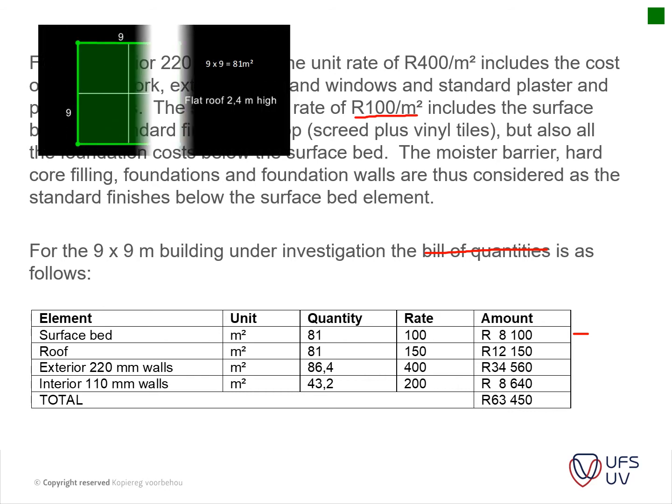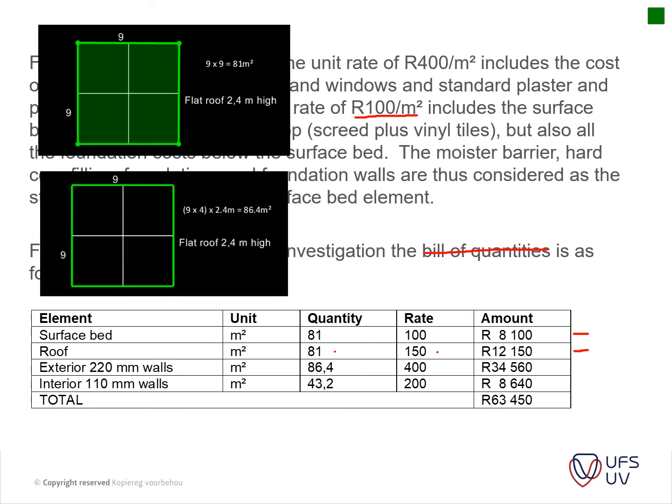Then we move to our roof, so we calculate that. It is also 9 by 9, so we get our 81 square meters, and we've got a rate of 150 Rand per square meter for that, and thus we times that out to get to our 12,150. Our exterior walls, we calculate the square meter of that.